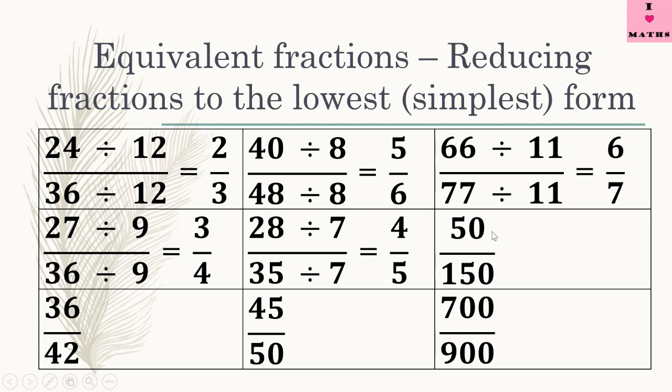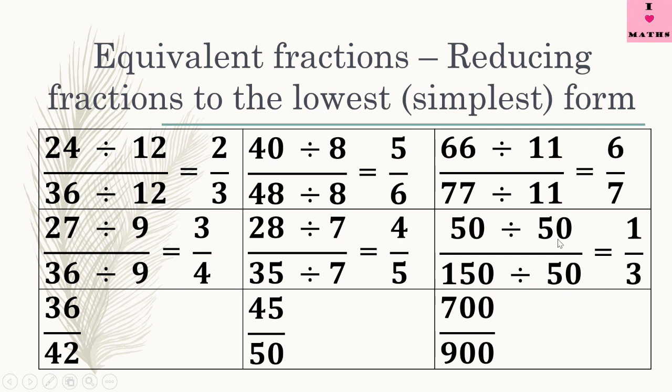50 and 150, both of them will come. Okay, let me click and show you. 50 divided by 50 is 1 and 150 divided by 50 is 3.